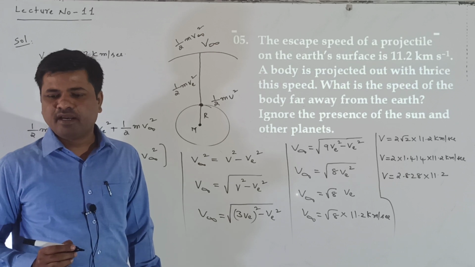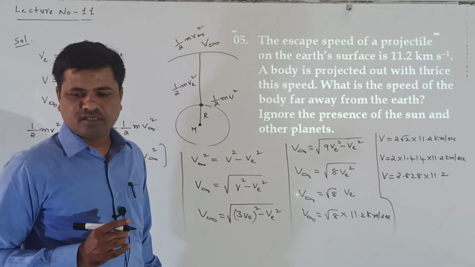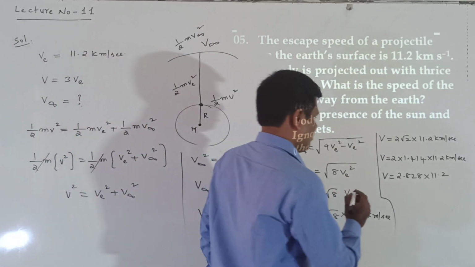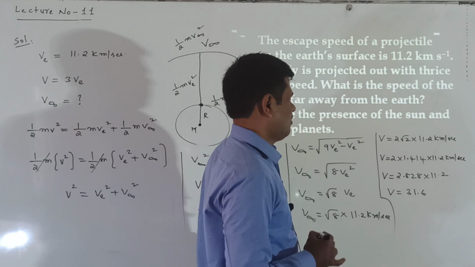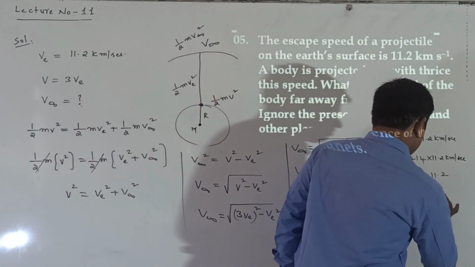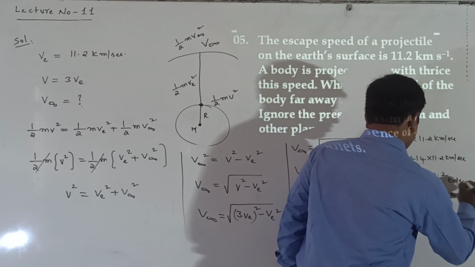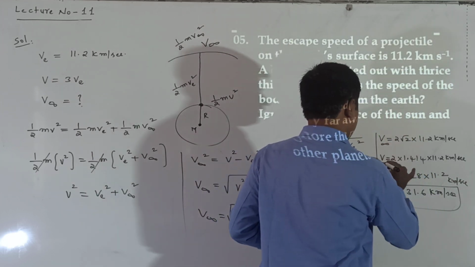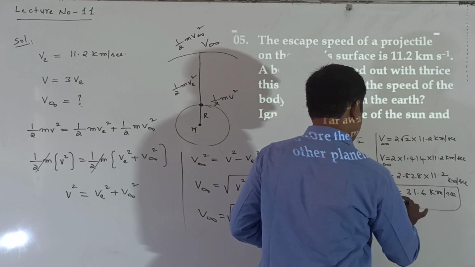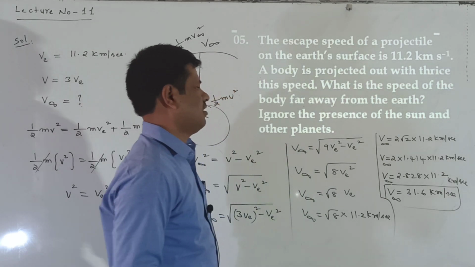That value we calculate as near about 31.6 kilometer per second. This is the v infinity value.